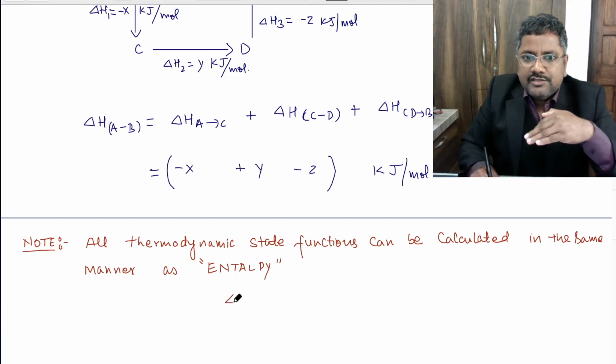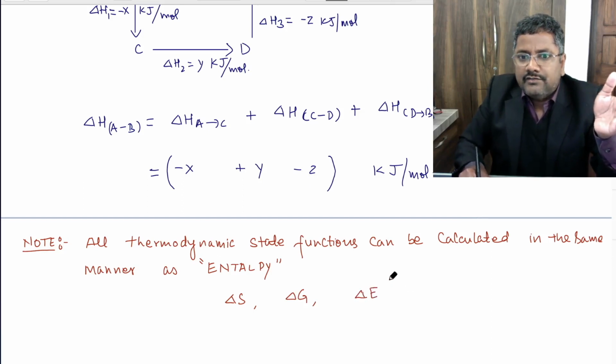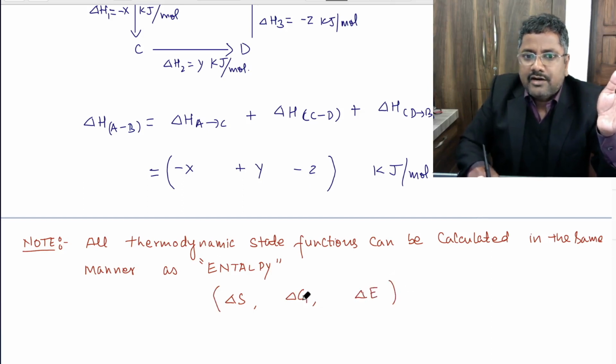Means if any interconversion is made in one step directly or in more than one step, entropy change, delta S, you can also evaluate in the same manner, delta G also in the same manner, and delta E also in the same manner for any reaction.